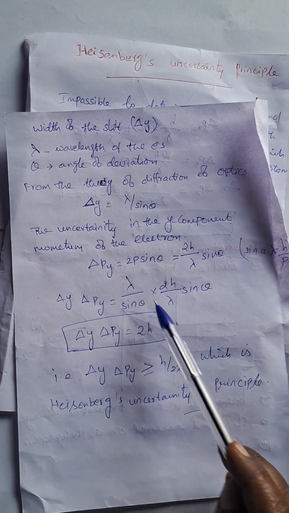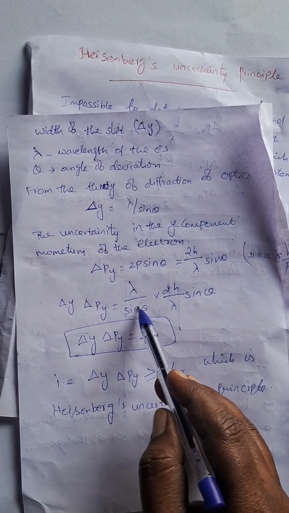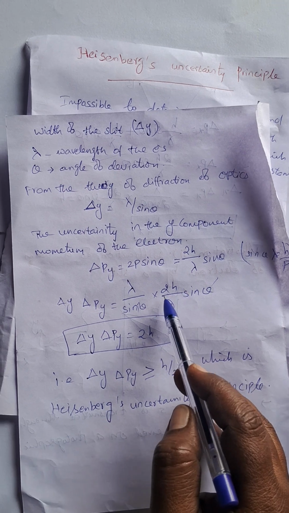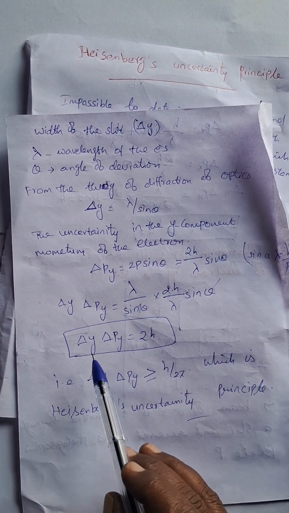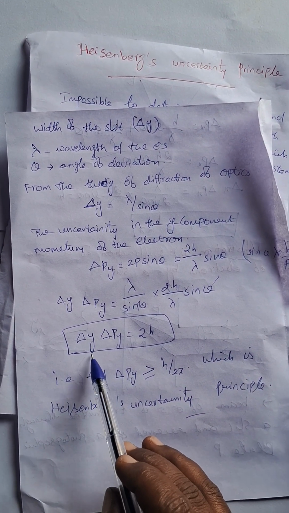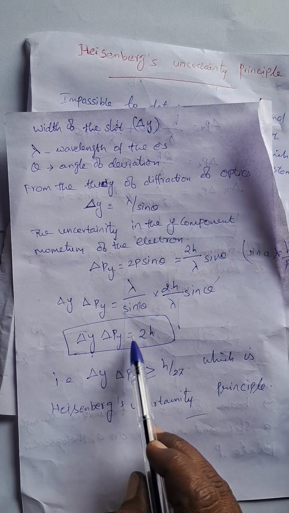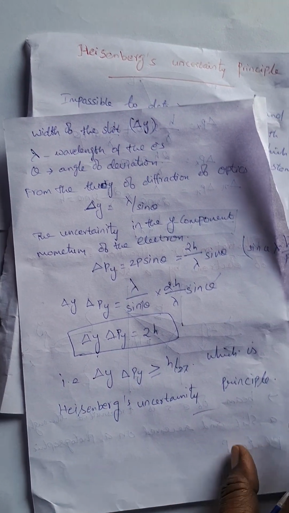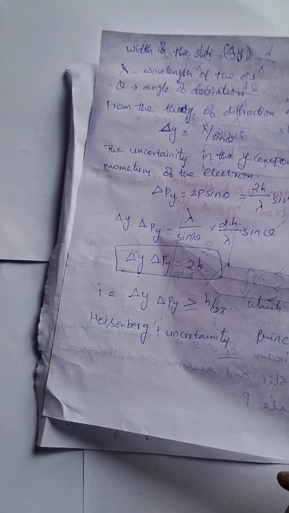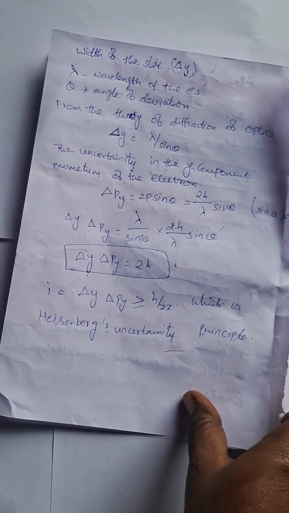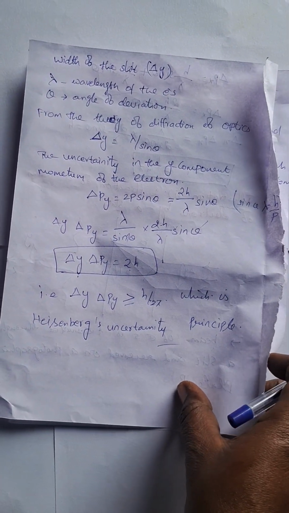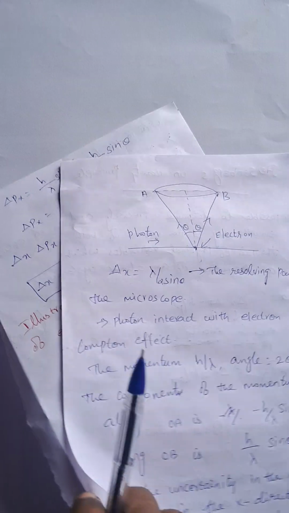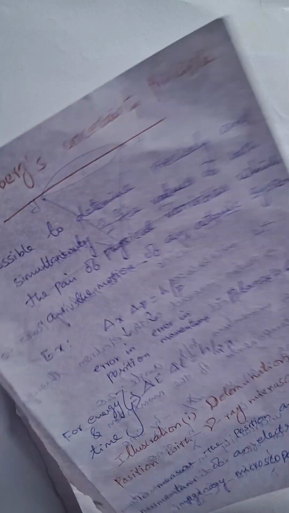Lambda cancels, sin theta also cancels, remaining 2h. So finally the product of the change in position and momentum gives the Planck's constant. So this is the Heisenberg uncertainty principle. Based on it, the product of the position and momentum uncertainties of the particle is nearly equivalent to the Planck's constant.